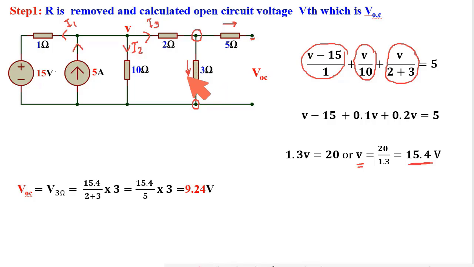What is the current through this 3 ohm? It is the value of V divided by 2 plus 3, where V is 15.4. That multiplied by 3 is the potential across this 3 ohm. So ultimately VOC I got is 9.24 volt.